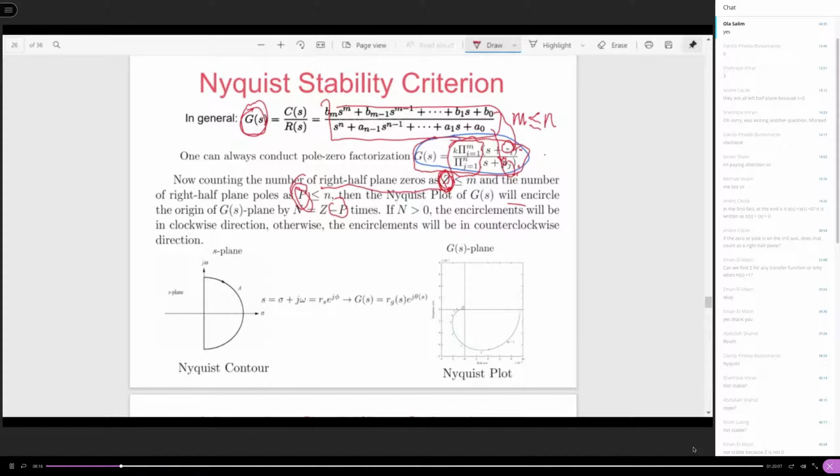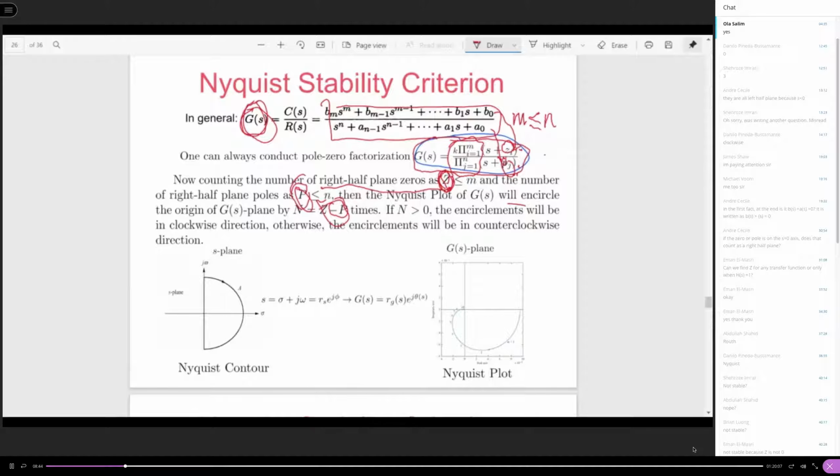So now you can predict that in this case, the Nyquist plot of G(s) is going to have a net encirclement around the origin on the G(s) plane by Z minus P times. That's a very obvious factor.